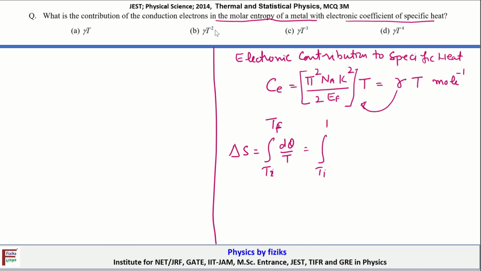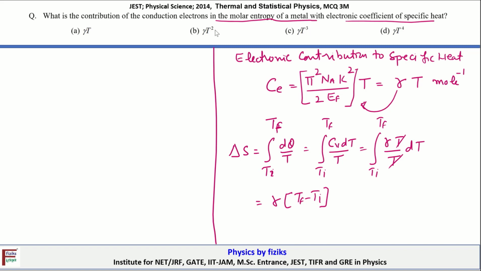Then dQ is C V dT upon T, and that is equal to the integral from T initial to T final of gamma T by T dT. So T will cancel with T. Ultimately the entropy change is equal to gamma times T final minus T initial.